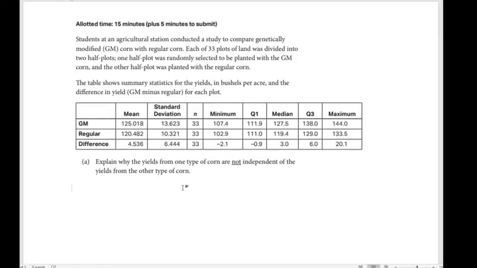So the first question asks us to explain why the yields from one type of corn are not independent of the yields from the other type of corn. Normally, when we are looking at independent-dependent, we're thinking in terms of probability, and this one twists it a little bit. We are looking at this one instead in terms of experimental design.